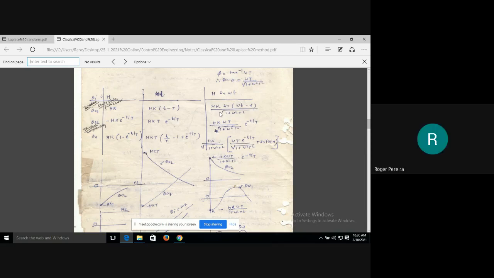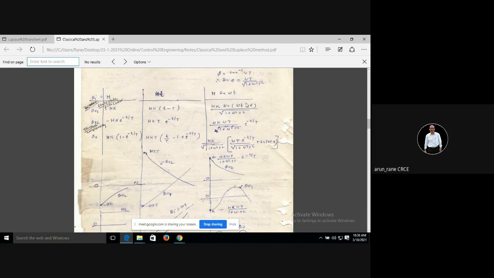So this becomes hk sine of phi is minus sine phi. So this will be minus hk sine of phi upon the square root of 1 plus omega square t square. Now sin of phi is nothing but omega t upon root of 1 plus omega square t square, isn't it? So you substitute that.